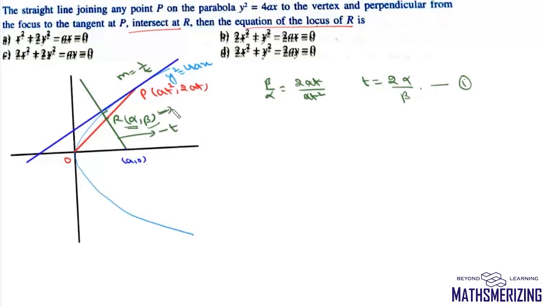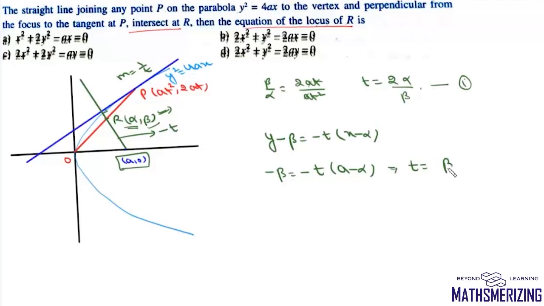So the equation of this line will be y minus beta equals minus t times (x minus alpha), and this line passes through the point (a, 0). So I'll put y as 0, so I'll get minus beta equals minus t times (a minus alpha). So from here we'll write t equals beta upon (a minus alpha), and that's my second equation.